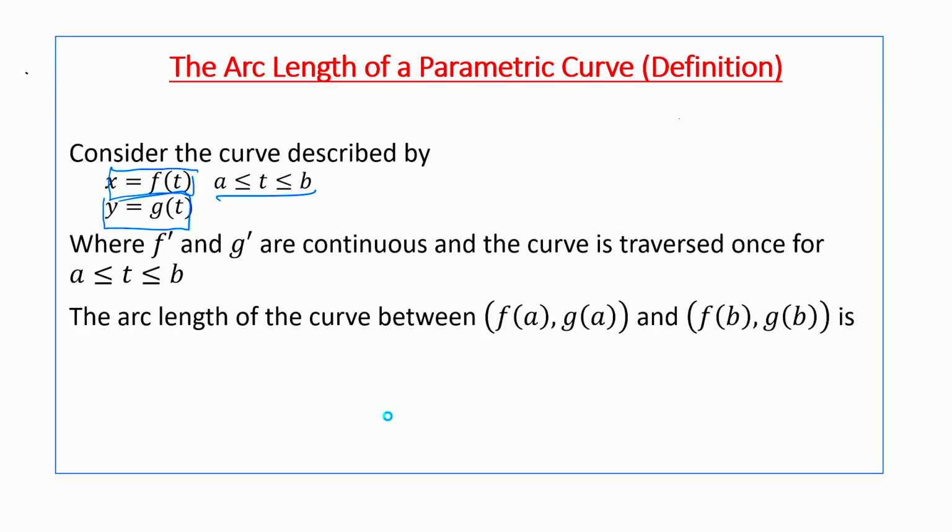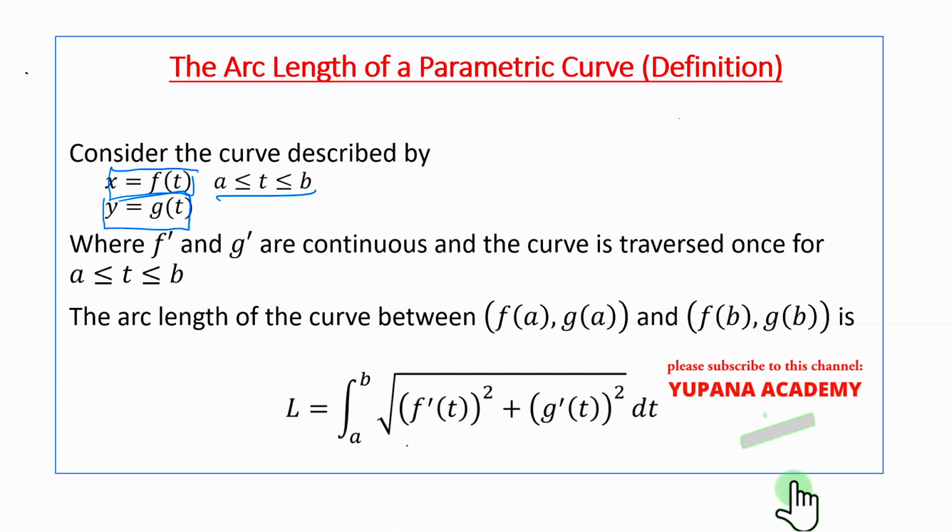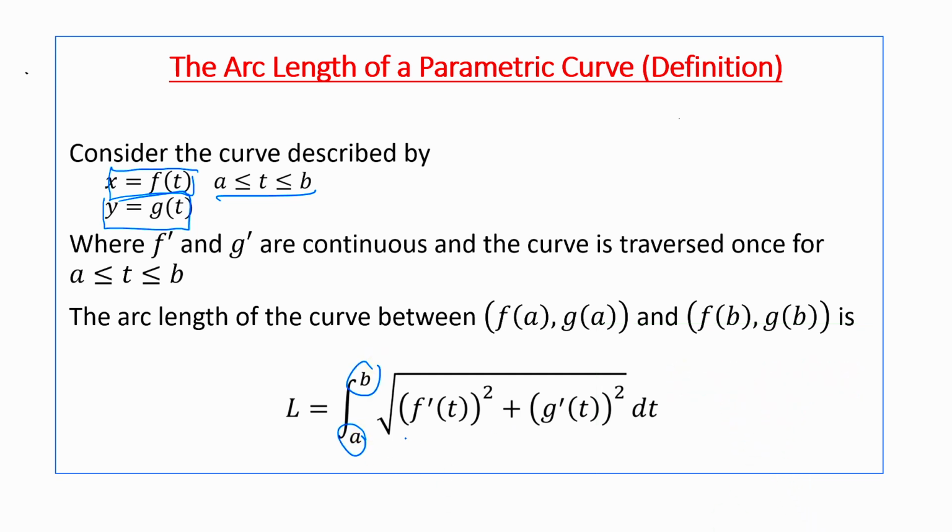Then the arc length of the curve between f of a, g of a and f of b, g of b is, and this is the formula, L representing the arc length equals the integral from a to b, those are the limits of the parameter, of the square root of f prime of t squared plus g prime of t squared dt.